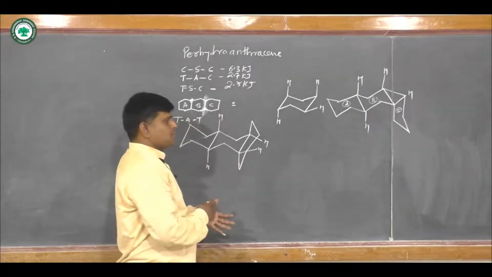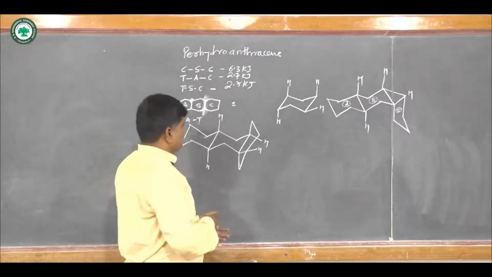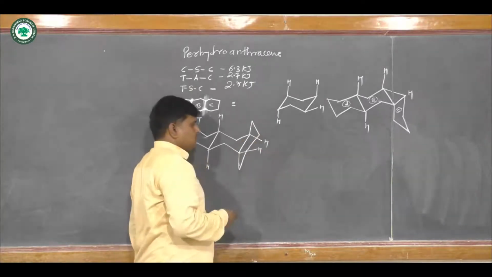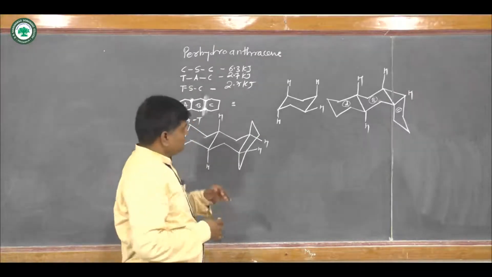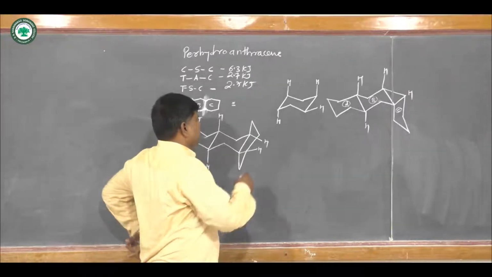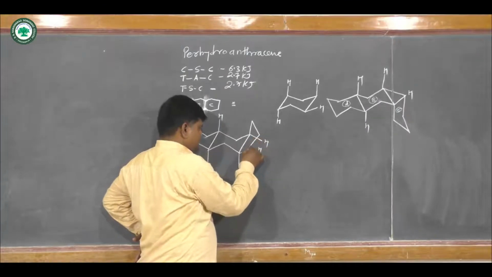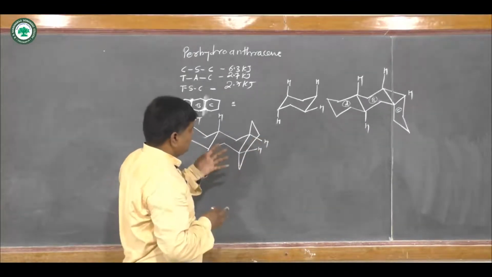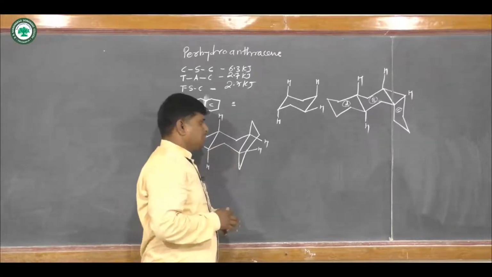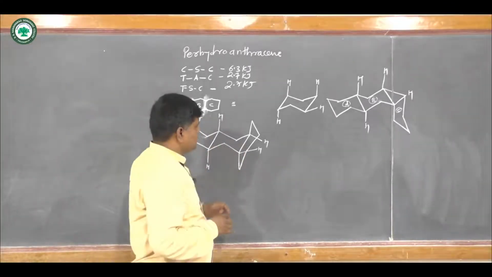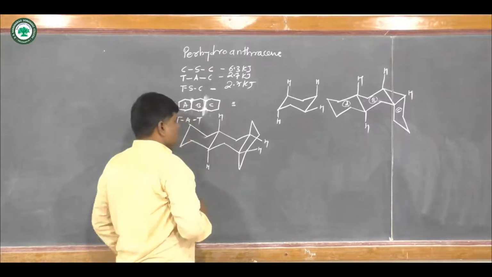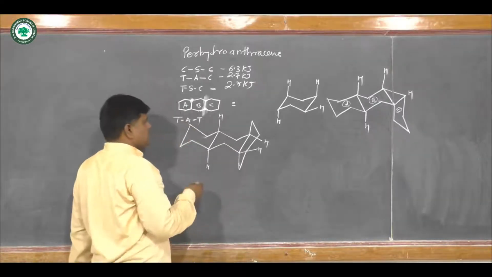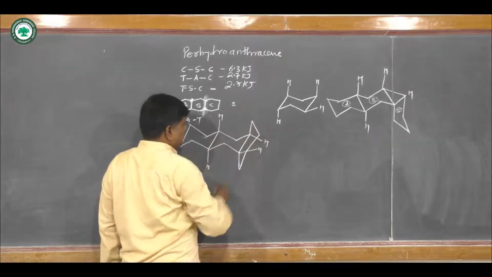Such a type of chair is formed, but this type of chair is not formed. Why? Because both the bonds of the ring are trans to each other, so it is not able to form a ring. But here we try to give that ring the shape of the chair conformation. Its energy calculation is somewhat different, because here 1,3-diaxial interactions are possible.